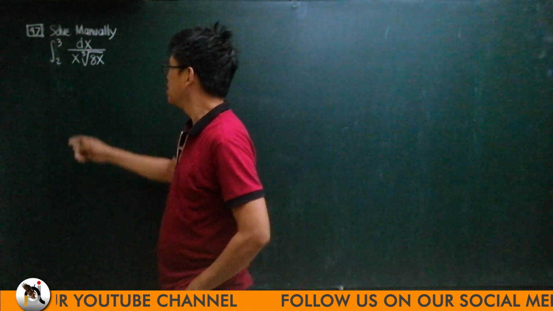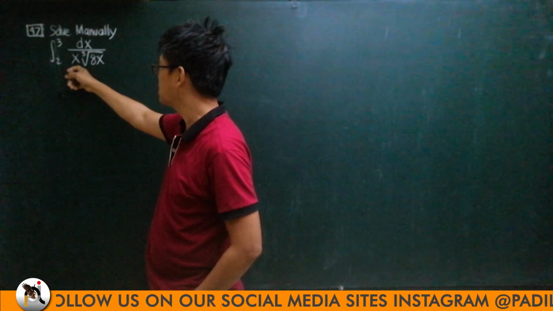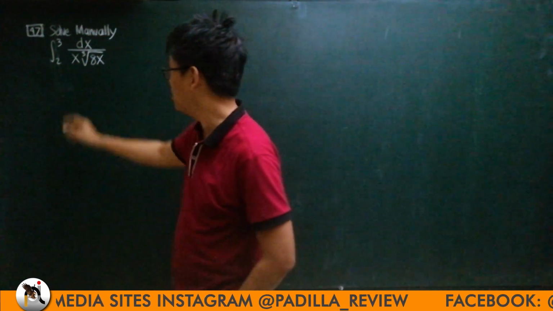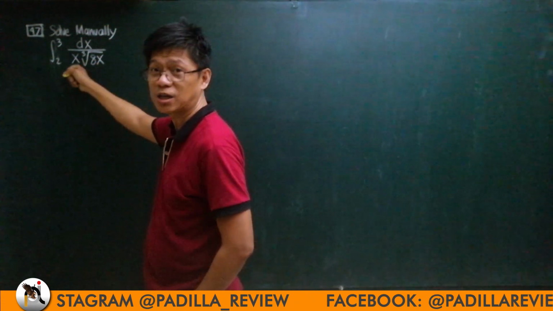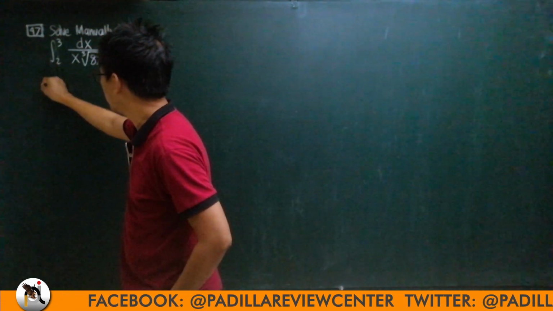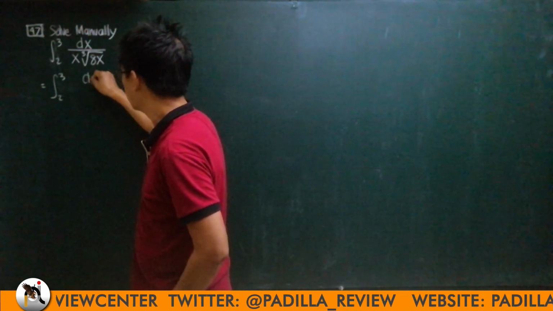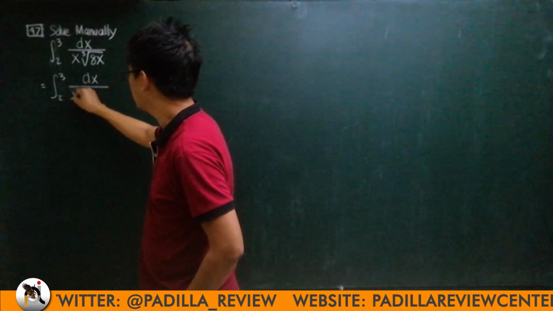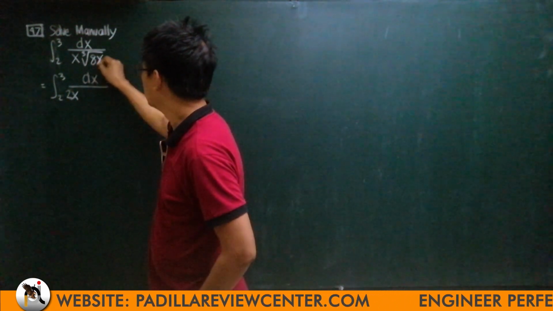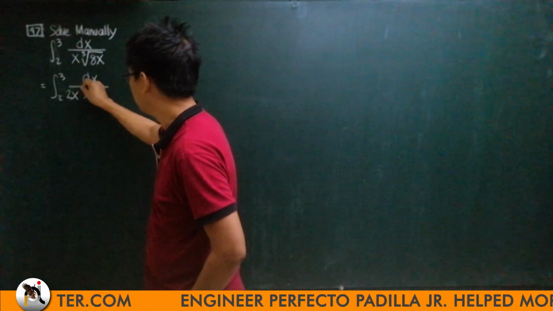So, the integral from 2 to 3 of dx over x times cube root of 8x. Let us first simplify because this is a product of two expressions. So, let us combine them into one. This is the same as integral from 2 to 3 of dx over x, cube root of 8 is 2, cube root of x is x to the 1/3.